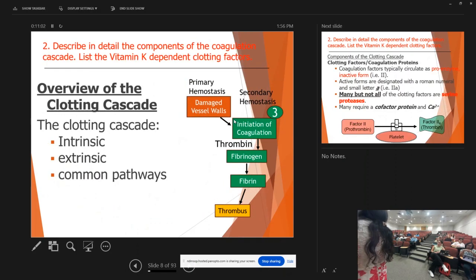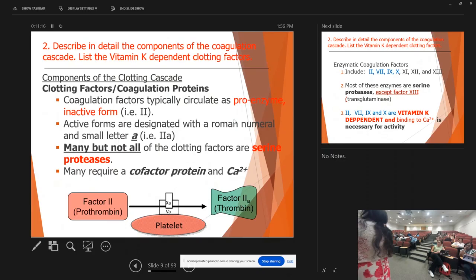So here, again, let's now review the clotting cascade. Let's take a look in more detail because it's important for you to understand what factors will lead to what. So before we talk about the pathway, let's review the components of this clotting cascade a little bit more. The factors are actually in your blood, but they are in inactive form.